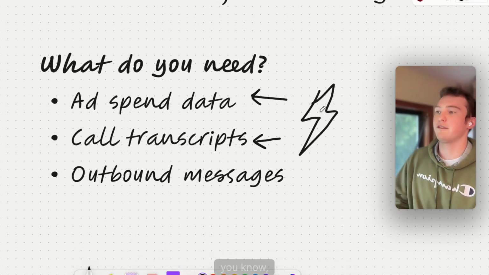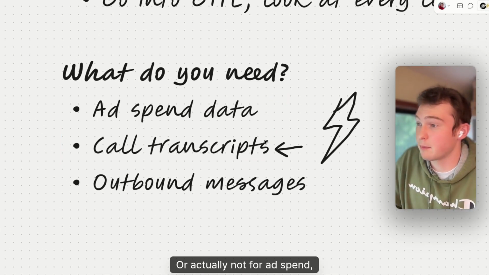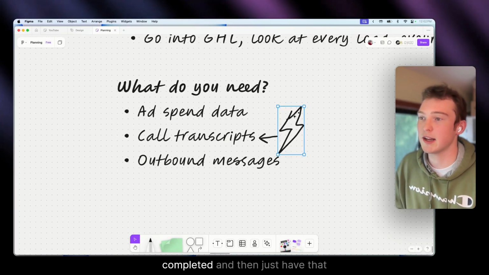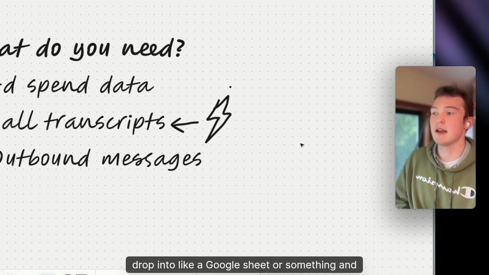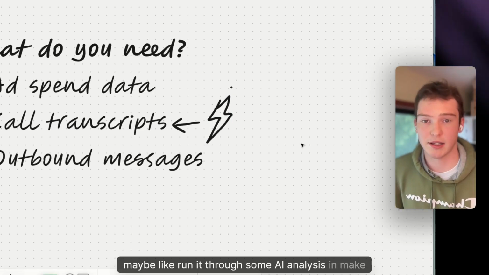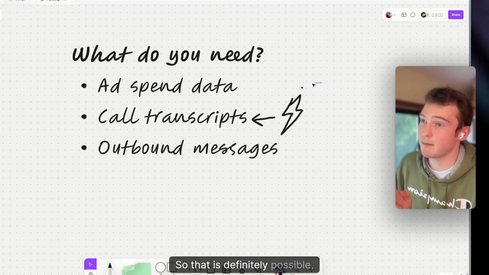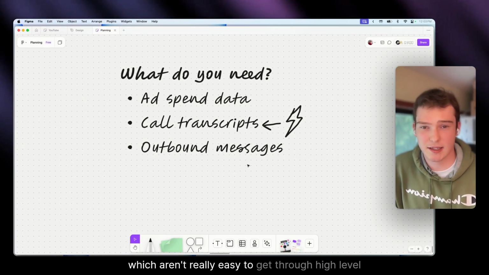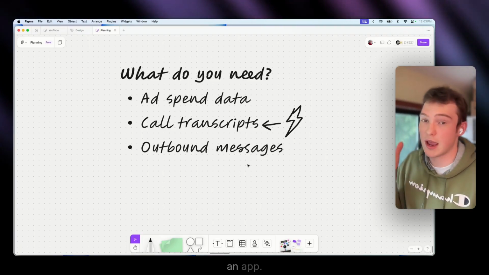So you could have a trigger fire, actually not for ad spend, but for call transcripts, whenever a call is completed, and then just have that drop into like a Google Sheet or something, and maybe run it through some AI analysis in Make before you drop it into the Google Sheet. So that is definitely possible, but you still don't have outbound messages, which aren't really easy to get through HighLevel at all natively.